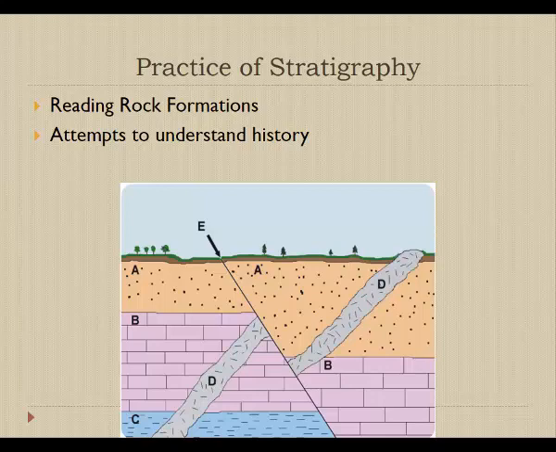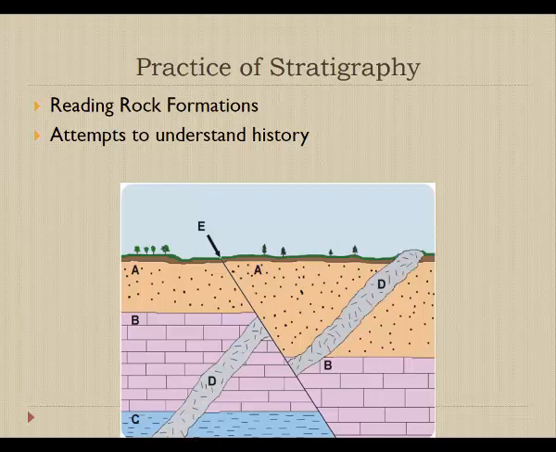Then I can see that a layer D seems to be cutting across all of those layers. So even though D also touches the bottom like C, D is younger because it's cutting into a bunch of layers that must have been around it to support it at the time it was formed. So that is actually a relatively young layer.